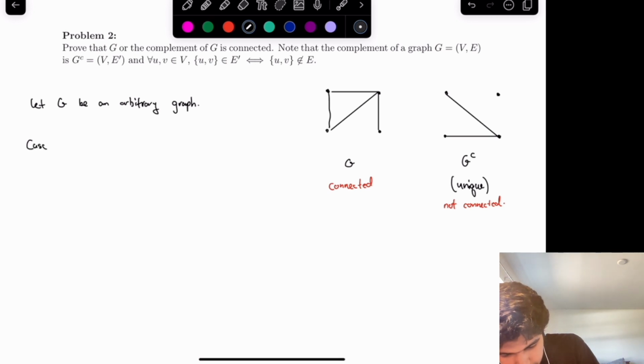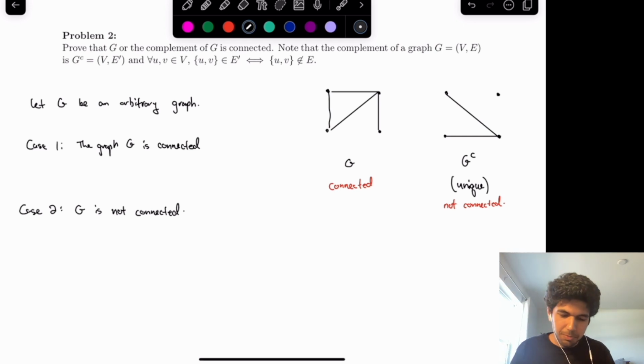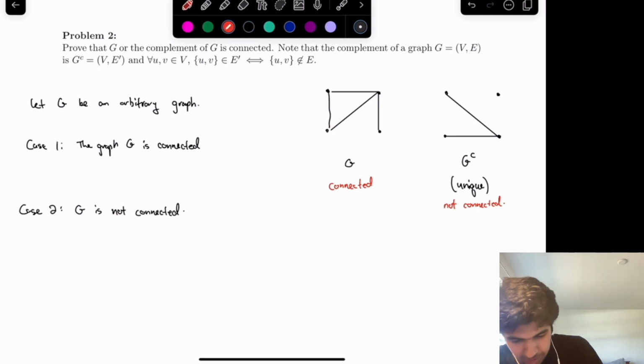Case 1, the graph G is connected. And case 2 will be G is not connected. Right, this is just based off of the definition of connected in graphs: either a graph is connected or disconnected. In this first case, then we're done.